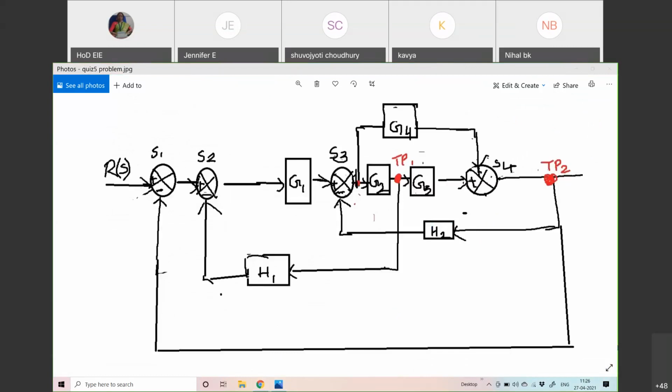Yeah. So please make a note of this block diagram. I'll give you 2 minutes. Let me complete the part first.